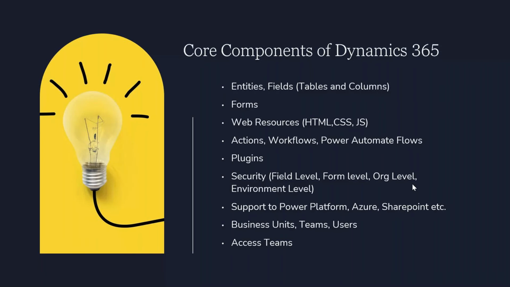Tables and entities are synonyms. Whenever I say entities, those are nothing but database tables. Whenever I say fields, those are nothing but the columns. In Dynamics 365 they were named entities and fields. Whenever they moved to Dataverse, they started calling them tables and columns. These are one and the same.